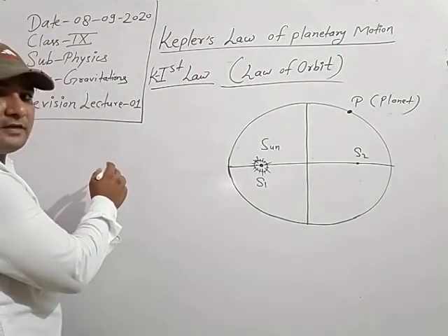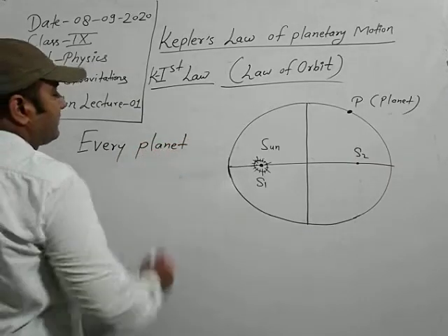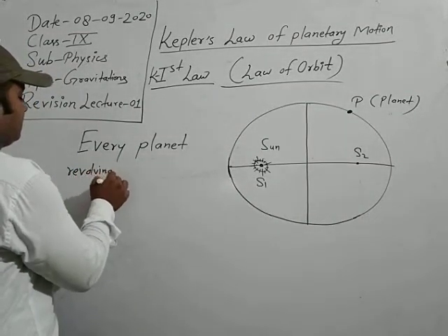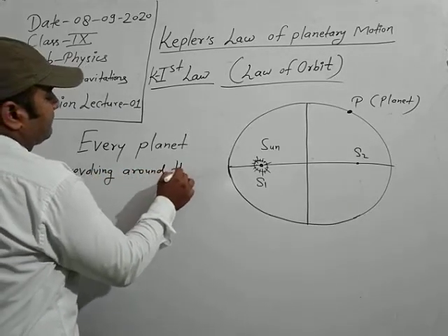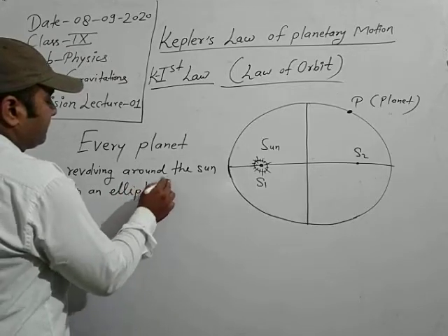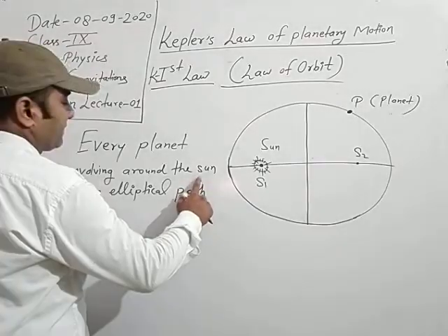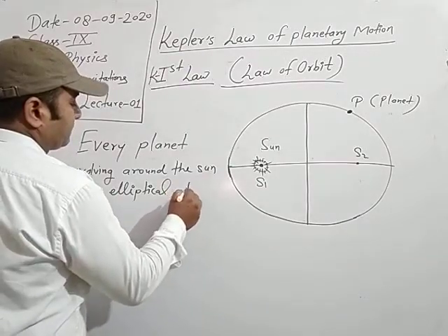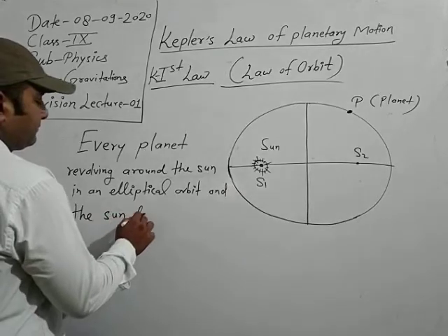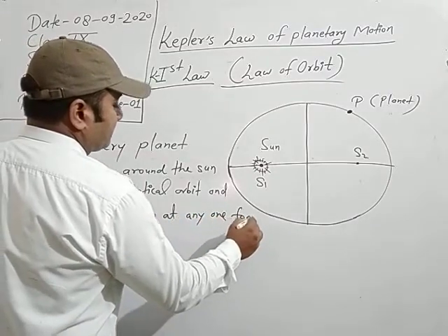Just see the statement. Every planet revolves around the sun in an elliptical path, in an elliptical orbit, and the sun lies at any one focus.